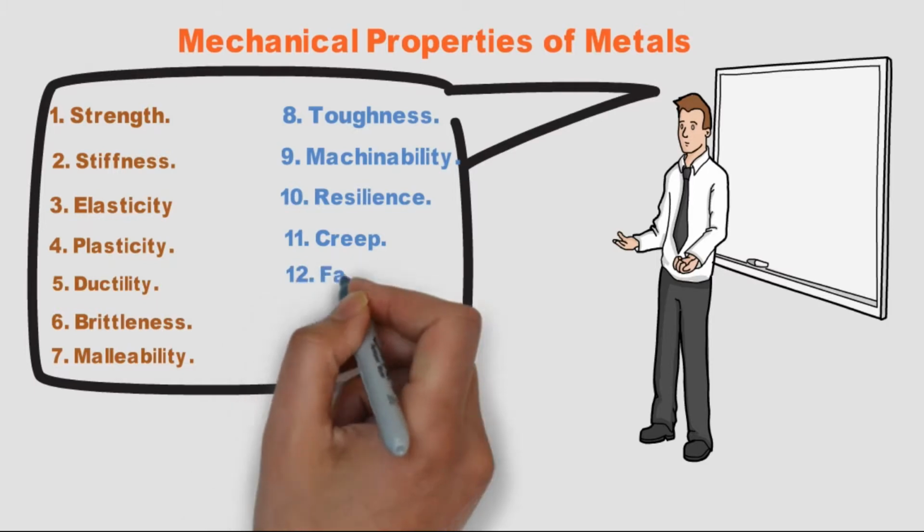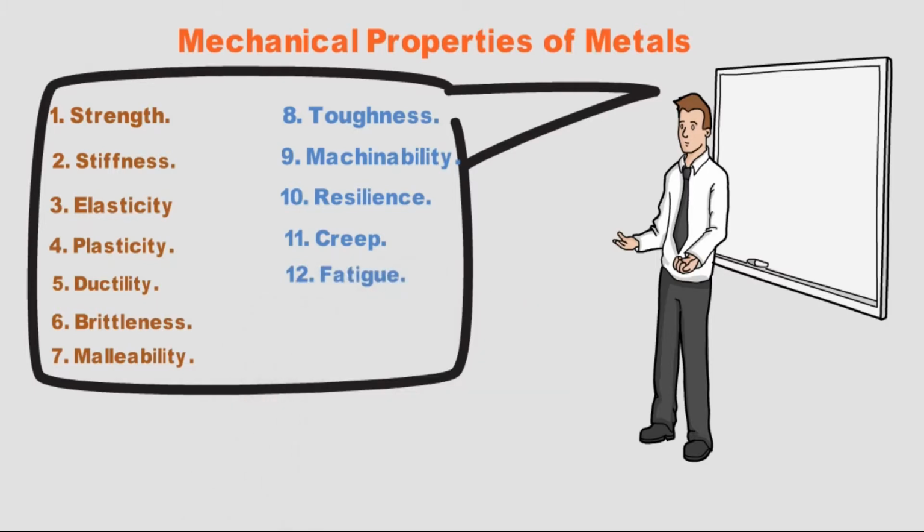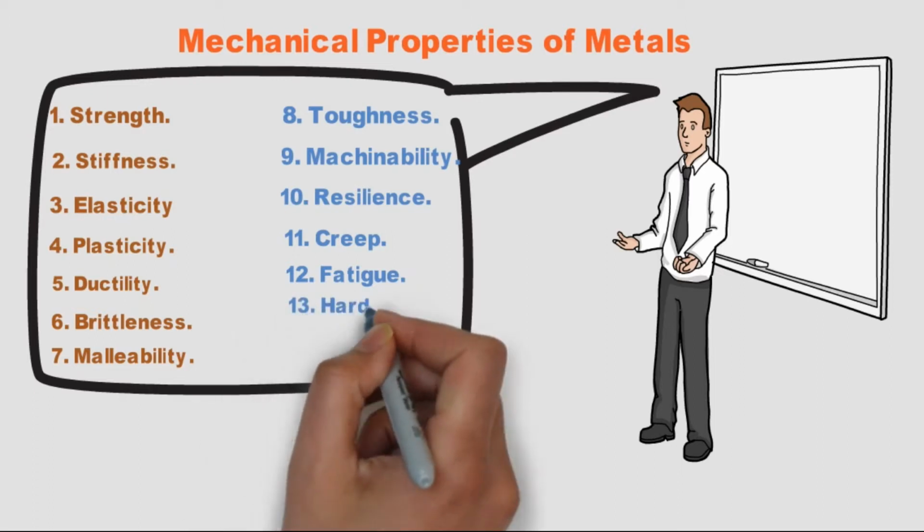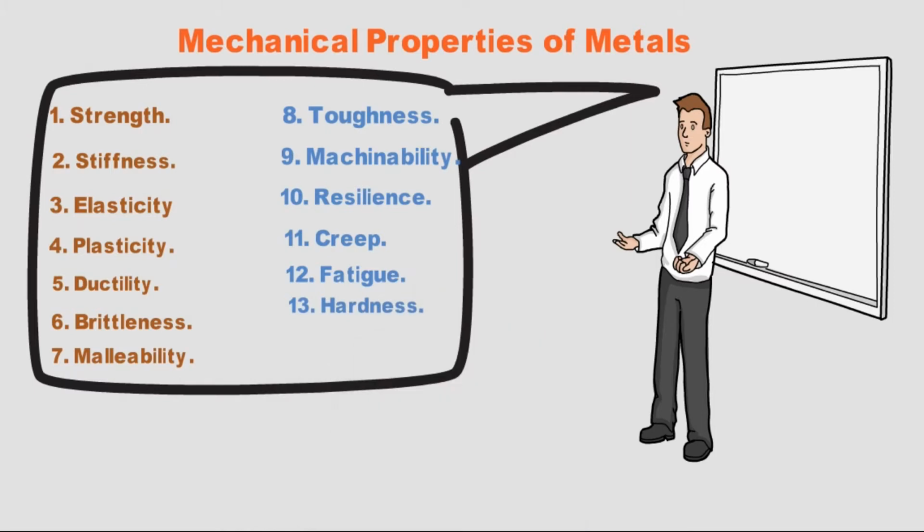The next is fatigue. When a material is subjected to repeated stress, it fails at a stress below the yield point stress. Such a type of failure is called fatigue. If you are continuously hammering on the metal, that is called fatigue loading. Then the last one is hardness.